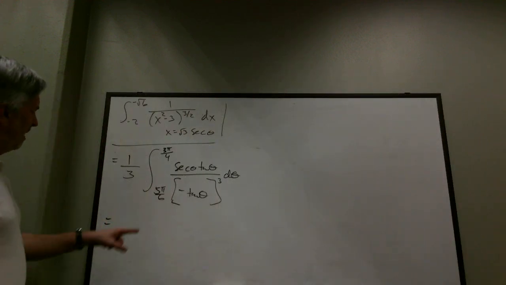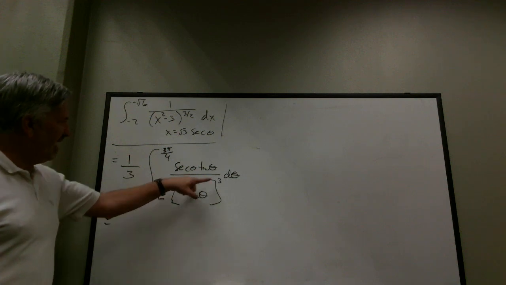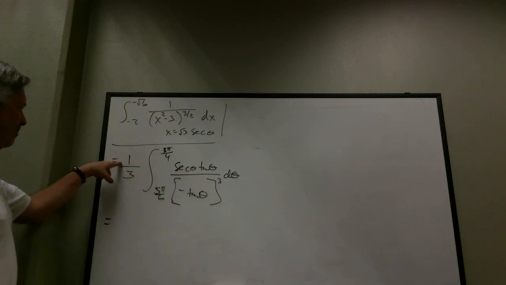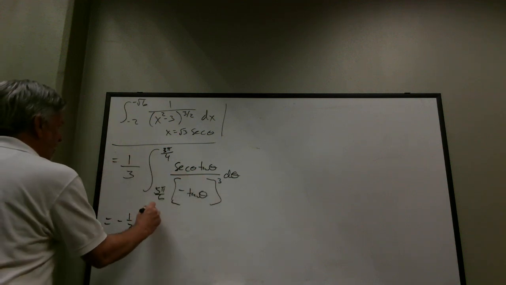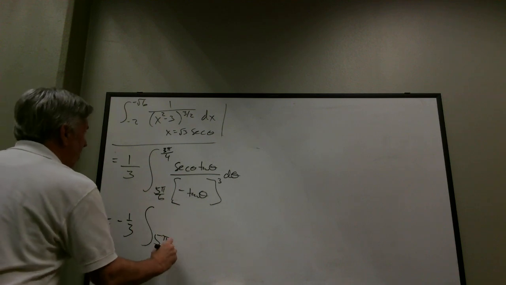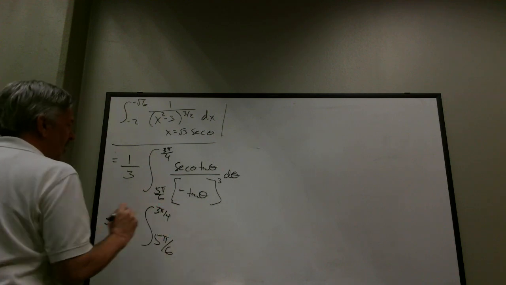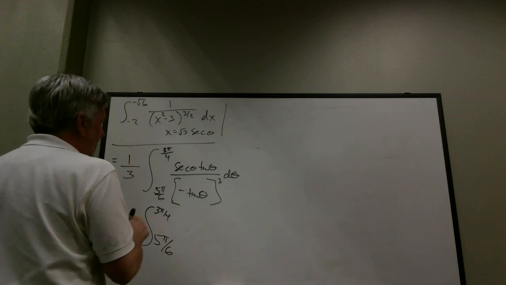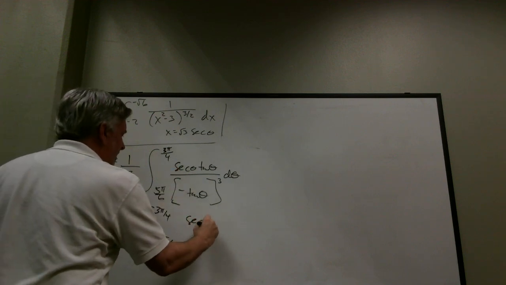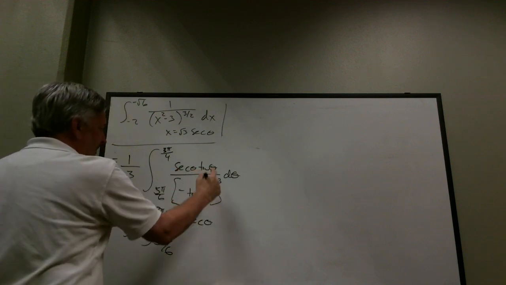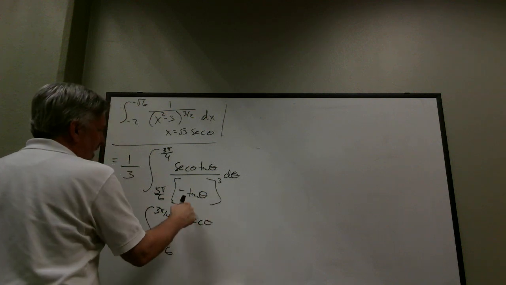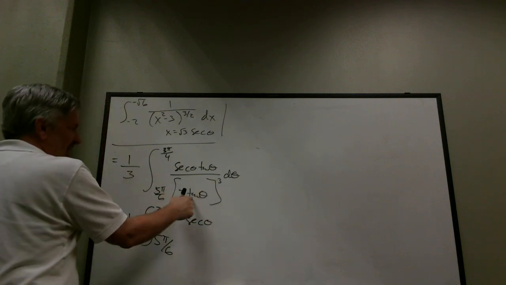Okay, so now what do we do? Negative 1 cubed is negative 1, so I can pull that out front. And then I have secant theta. I have a tan theta. And then here the negative over, that's going to be a tan squared.